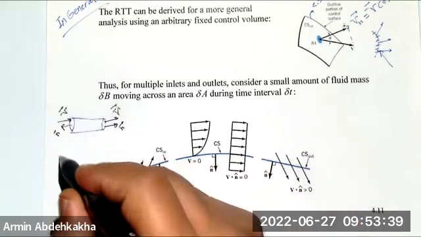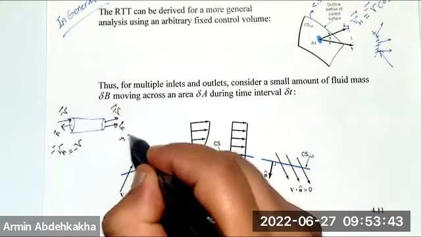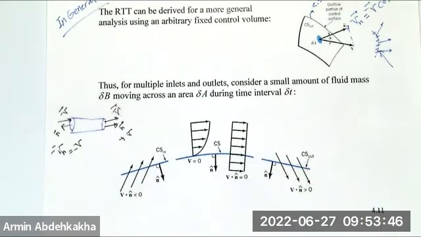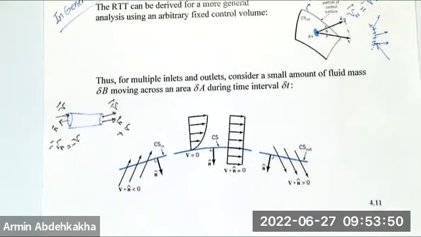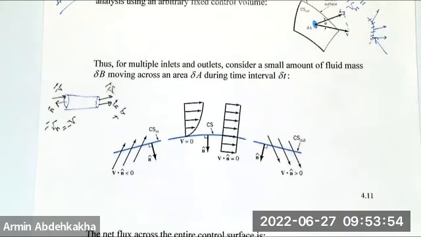So V dot N is minus V here and positive V there. So you have a switch between the signs. It's a little confusing, because we ask why I have to use minus V when the flow comes in. The property is added to your control volume, but you have to add a negative sign there, right?